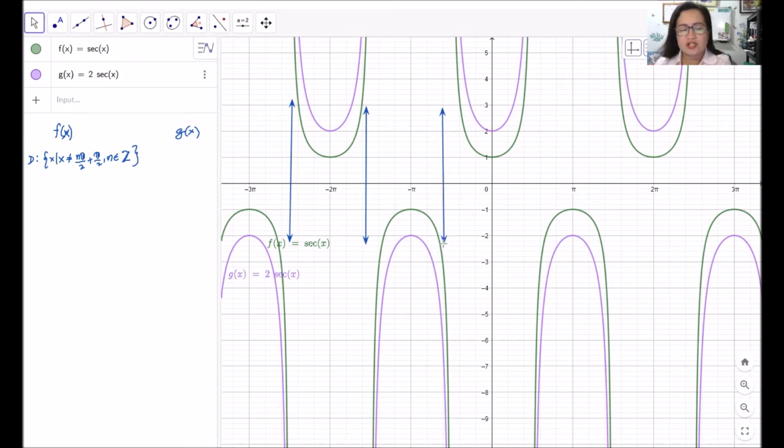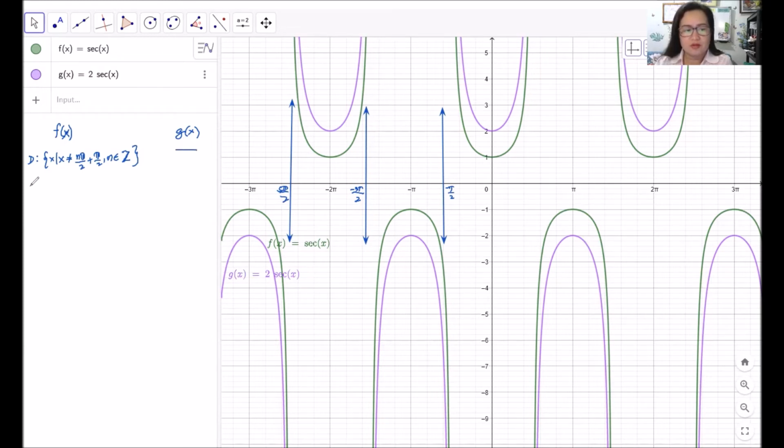Just like a while ago, we have here the intervals. We can see that this is negative pi over 2, then we have negative 3 pi over 2, and 5 pi over 2. Then on the other side, we will also have the same pattern. So therefore, we can see that there is no significant change in the domain.